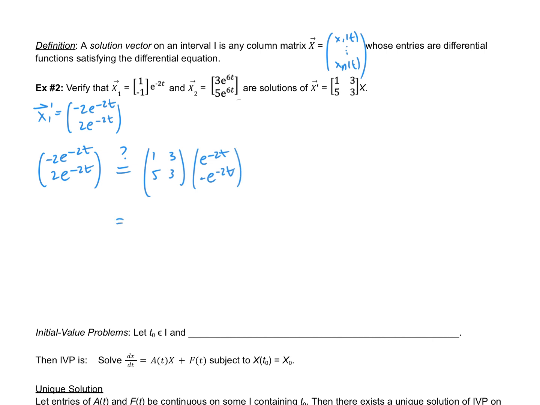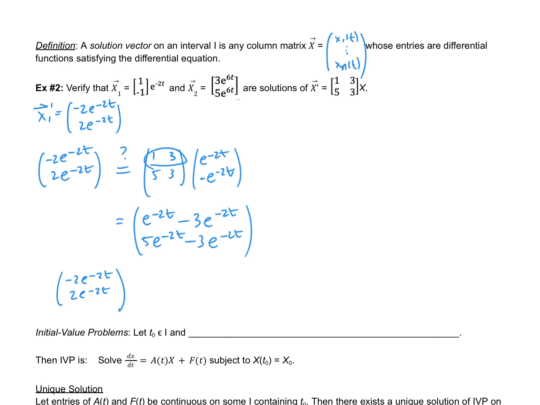If I actually multiply on that right side, remember we're going to do row times column, so I would get e to the -2t, subtract 3e to the -2t, and then I would get 5e to the -2t, subtract 3e to the -2t. And so finally, -2e to the -2t, 2e to the -2t does in fact equal the right side of the equation, but I'm too lazy to write it. So we have proven that x1 at least is a solution of the equation.